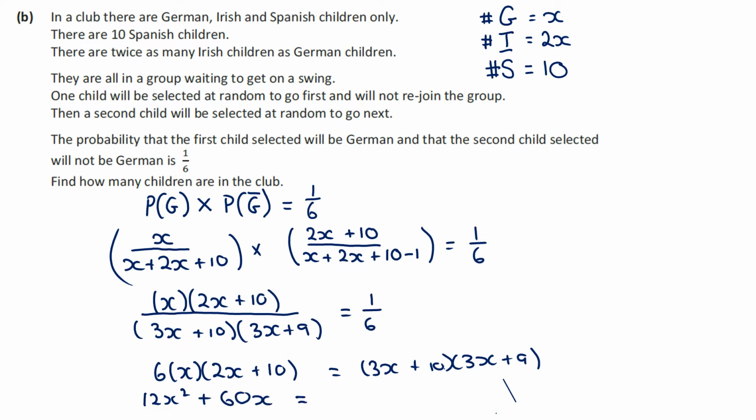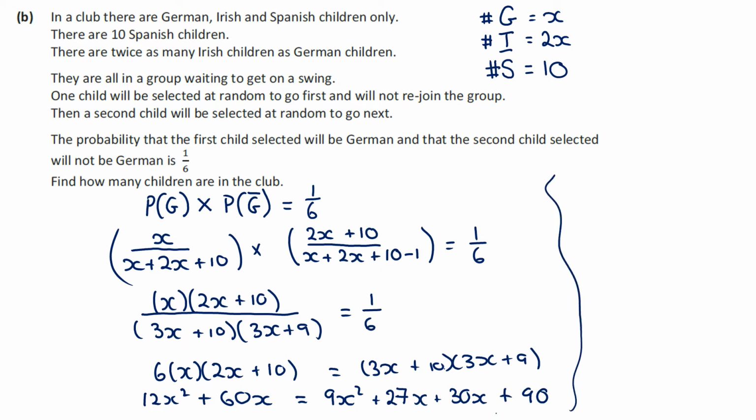Working with these two brackets, we're going to get 3 by 3 is 9x squared plus 27x plus 30x plus 90.